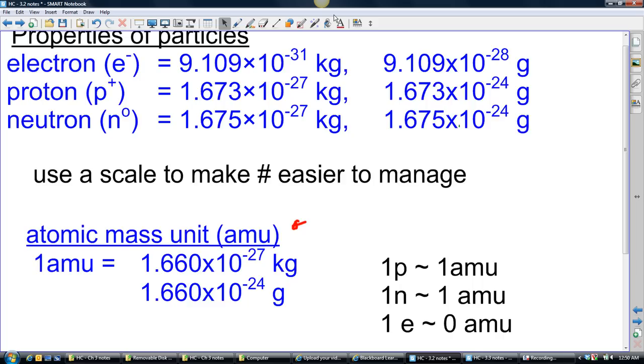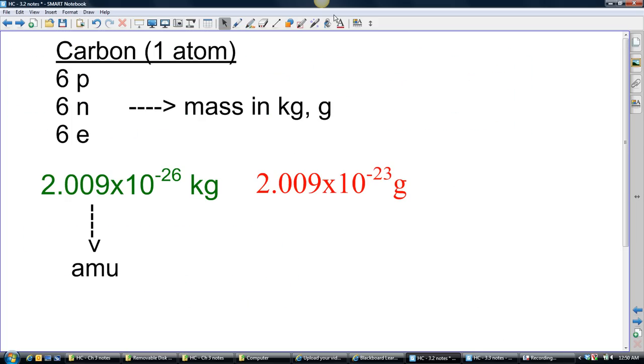Here's what I want to do. Let's say we have an atom of carbon, and in this atom of carbon, there are 6 protons, 6 neutrons, and 6 electrons. Now, what I want you to do is calculate what the mass would be for this carbon atom in kilograms and in grams.